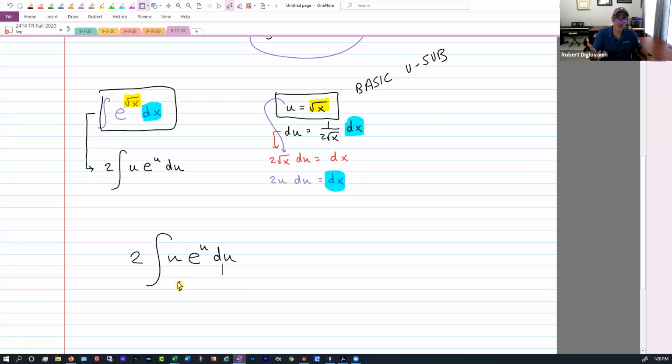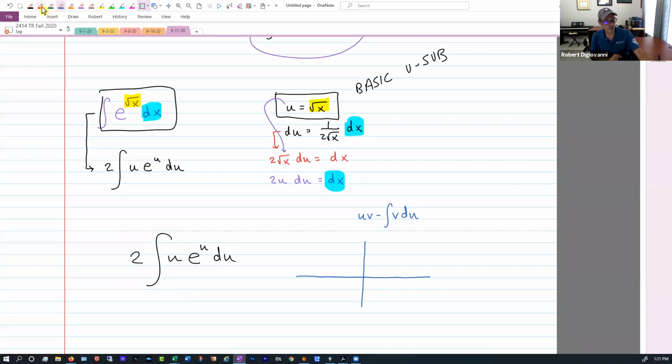Make sense? Okay, now I have to be a little careful, because the integration by parts formula is the integral of u dv equals uv minus the integral of v du. I can't use that formula the way it's written because I've already made a substitution of u, so I'm already using u for something else.